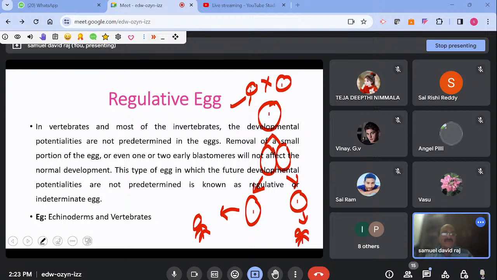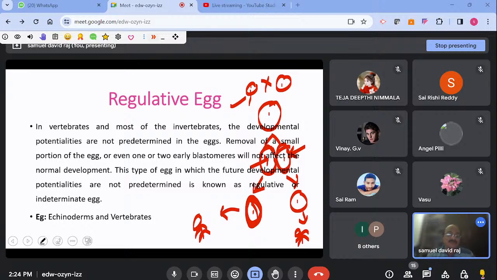In the case of mosaic development, let us say this cell is going to form half of the body and the other cell the remaining half. So if we remove one cell, the other half of the body will not develop. Whereas here, even if you remove one cell, the remaining cell behaves as if it is a zygote.